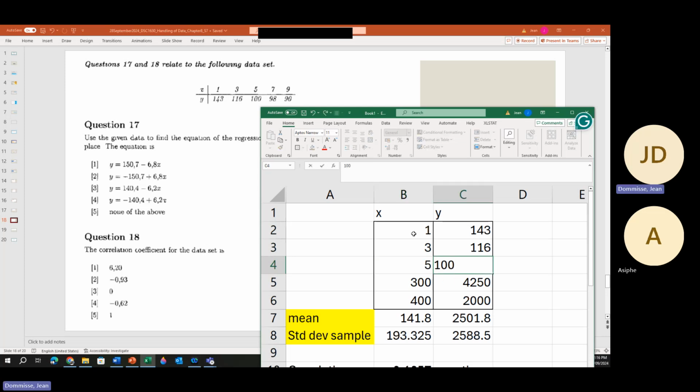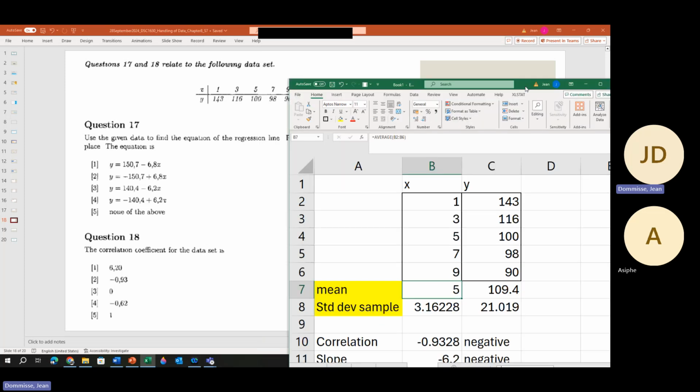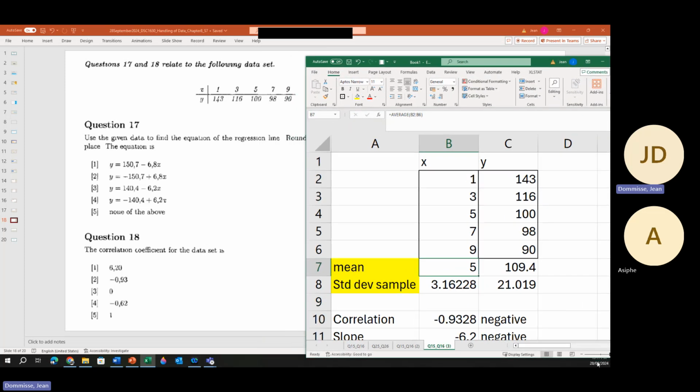You are allowed to use the spreadsheet, so I will share it after the session on the WhatsApp group so that you can have access to it. So let's just see: 143, 116, 500, 7, 98, 9, and 90. If they ask mean and standard deviation, the information is there.